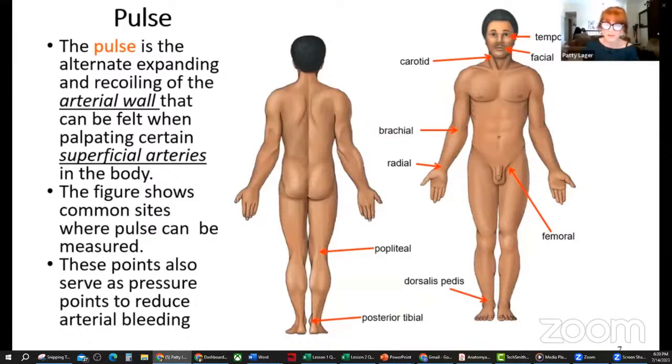Another good thing about these arteries is that they can serve as points of pressure. So in a situation, let's say you come across somebody that's bleeding from an artery. Now, the arteries we mentioned last time are under a large amount of pressure. So when you sever an artery, the blood's not just going to trickle out.